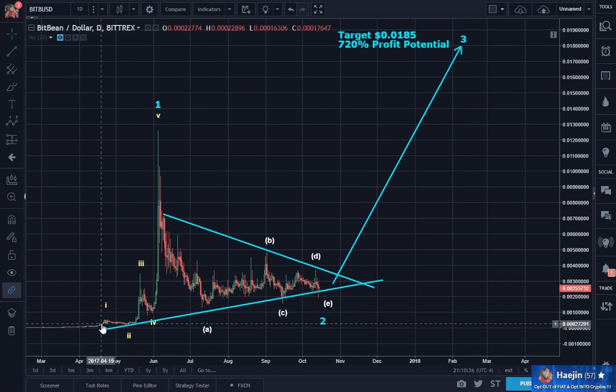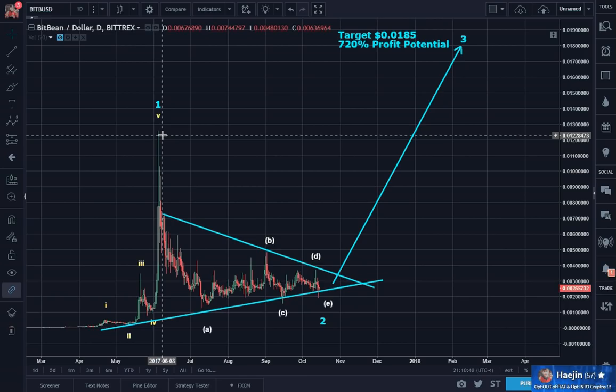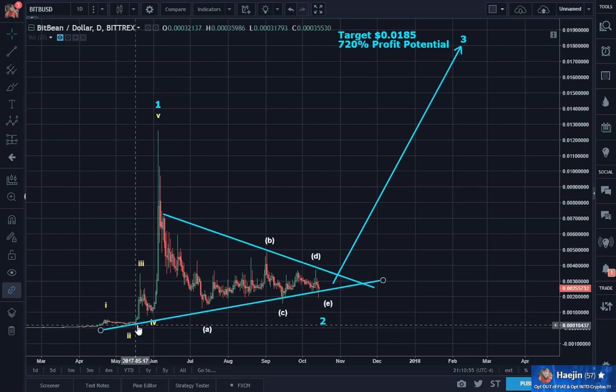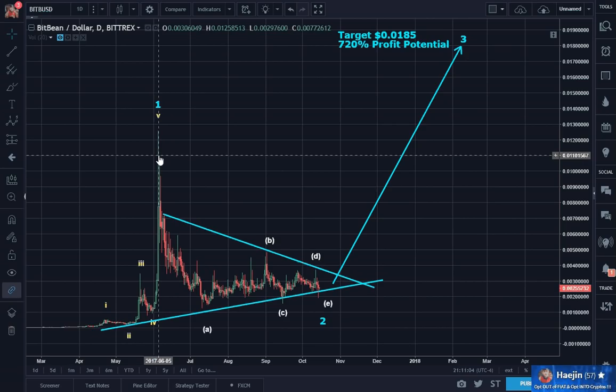Remember when I told you earlier there are certain features about cryptos that I see in Elliott waves that I don't really see in equities? Well, this is another trend. Look how waves 1, 2, 3, 4, 5 happened very quickly, from the middle of April to finish in early June, 3 months.